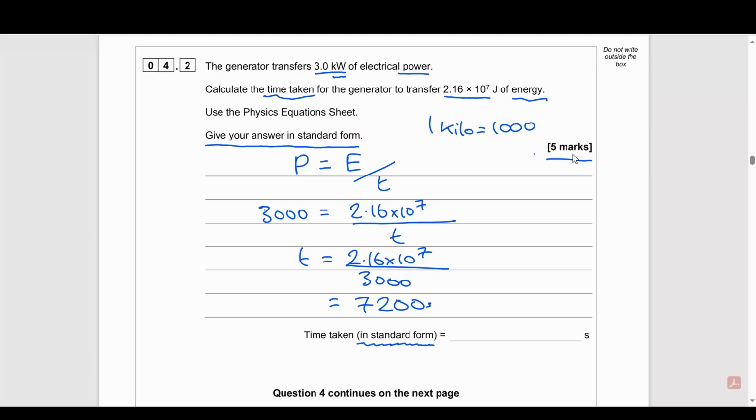So remember that the rules for standard form are you need to have a number between 1 and 9.9. So in this case then, our value would be 7.2. But we need to take into account the zeros. So where would our decimal place be? 1, 2, 3. So 7.2 times 10 to the power 3 seconds is our final answer.